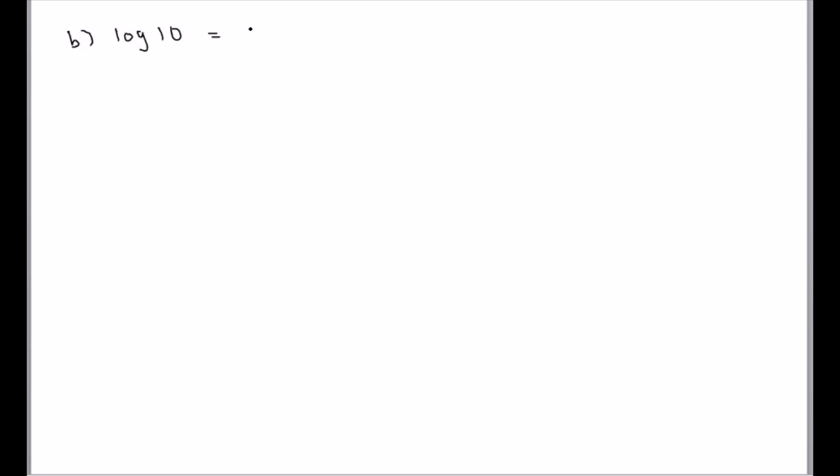This one, we can change it into log base 10 10. Log base 10 10 is equal to 1.